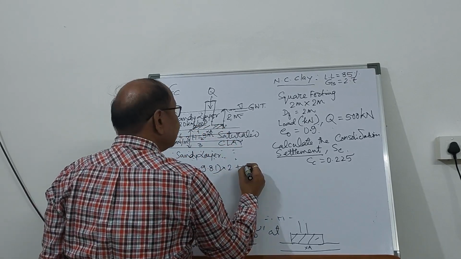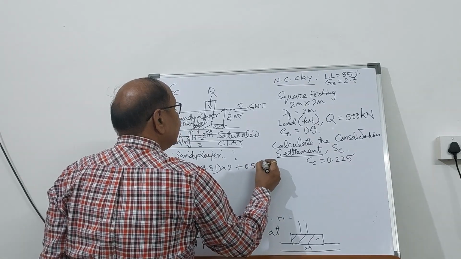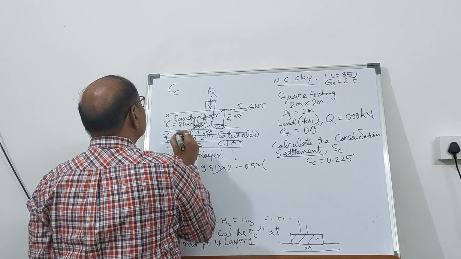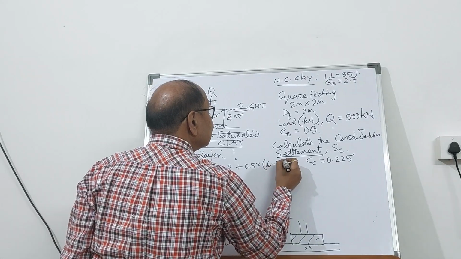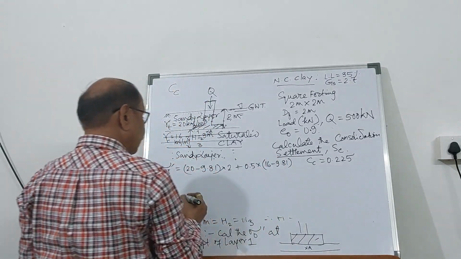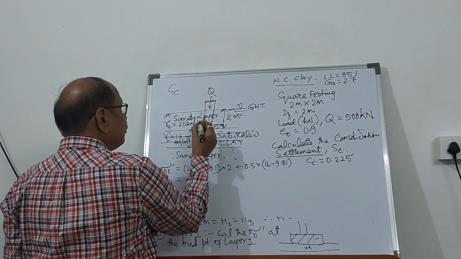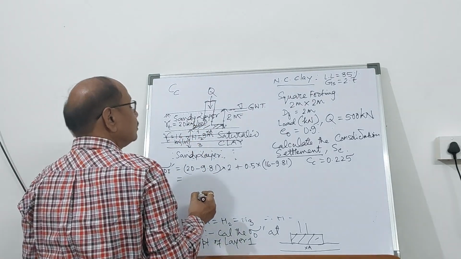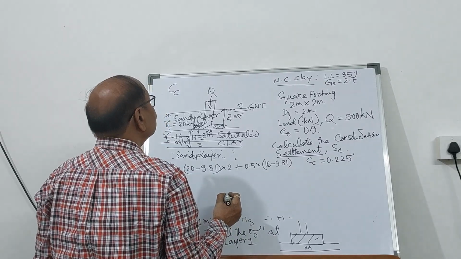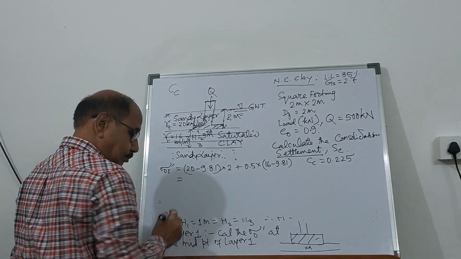At the midpoint it will be half meter, that is 0.5, multiplied by, what is the saturated unit weight? 16 minus 9.81. So this is the effective overburden pressure at the midpoint of layer 1.